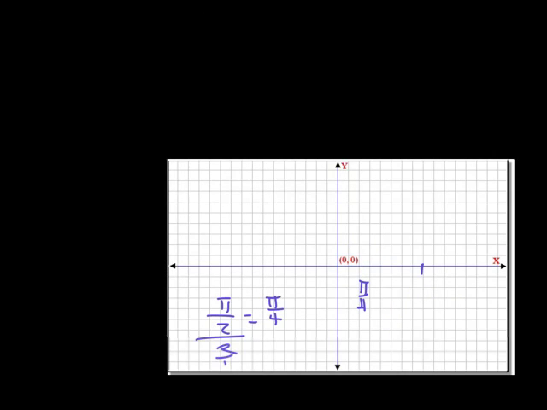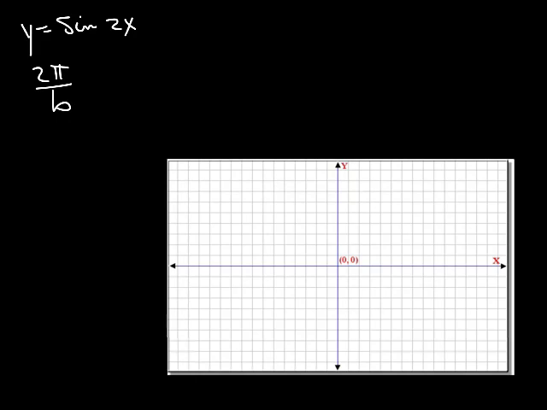Alright, so if we go back to our y equals the sine of 2x, and we want to find out the period, again the period is 2 pi over b.